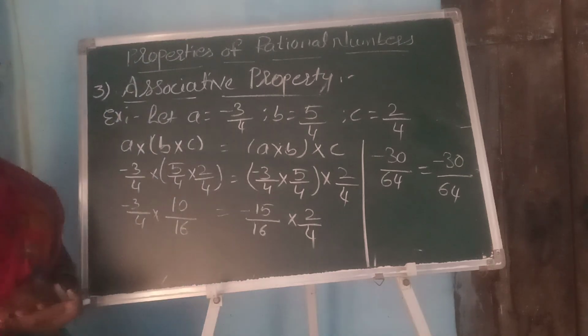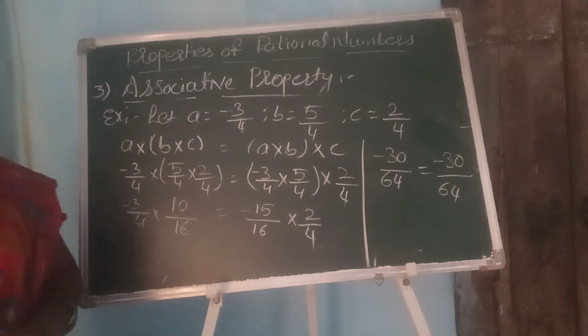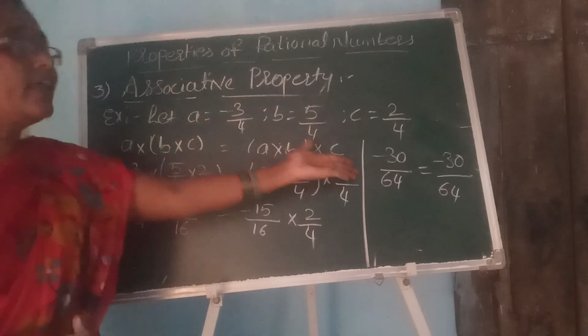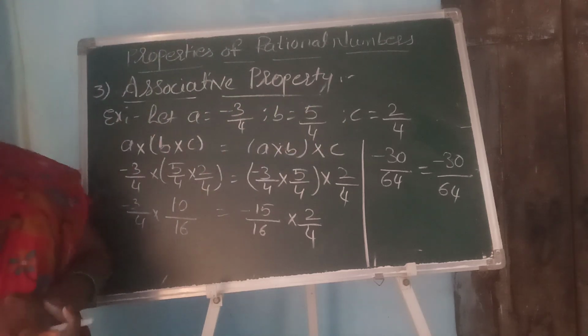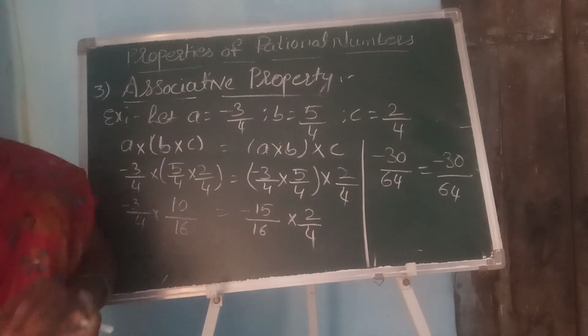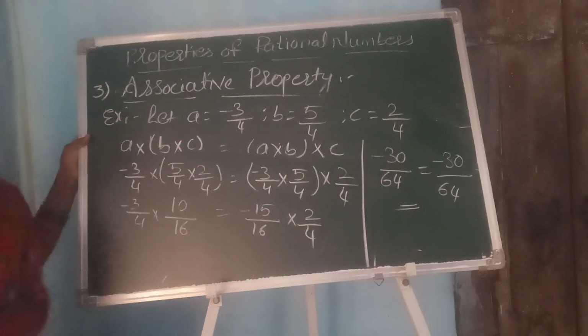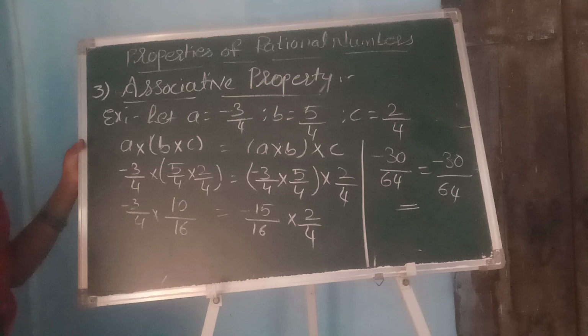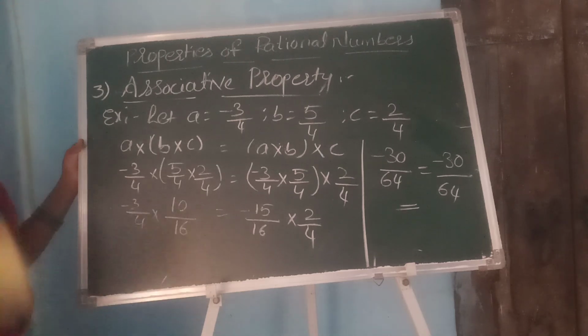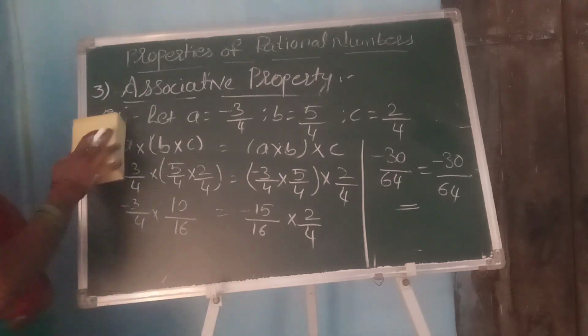Now we observe that the associative property is satisfied here. Now we can say that rational numbers satisfy the associative property, for both addition and multiplication. Now we are going to see the next property, that is the distributive property.